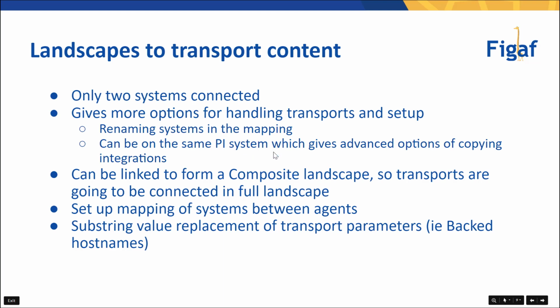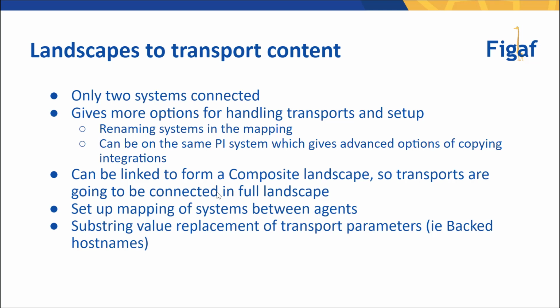So when you're defining the landscape, the systems are grouped together, so the system knows which systems are after or before in this landscape. And then you can set up mapping of systems, so the system would know that if you have this business component or business system, then it translates to another business system in the new system.